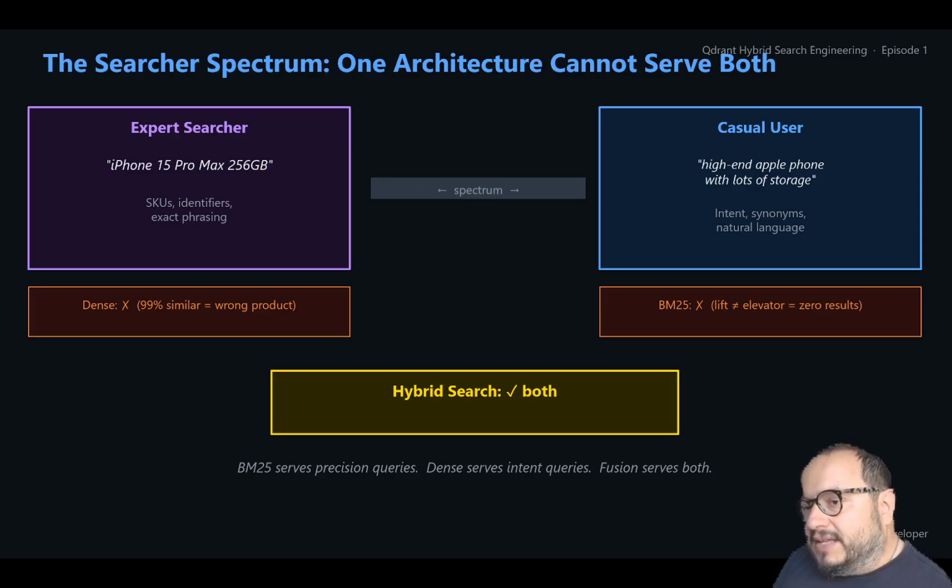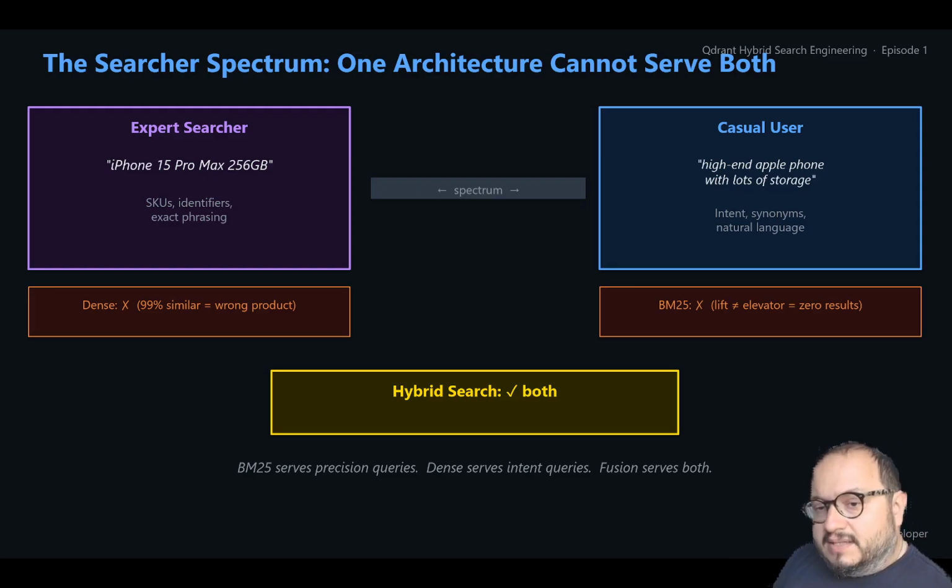But ask BM25 about a device to go up floors and it returns nothing, because it does not know that lift and elevator are the same concept. Pure semantic search gives the casual user exactly what they want, but ask it for iPhone 15 Pro Max 256GB and it returns the 128GB variant, because in its embedding space the two products are 99% the same.